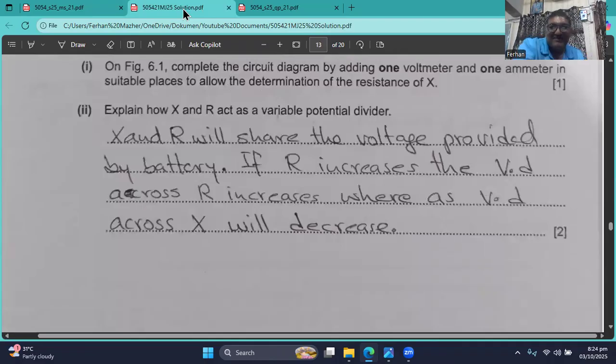X and R will share the voltage provided by the battery. If R increases, the voltage drop across R increases, whereas the voltage drop across X will decrease. So the voltage is divided between them depending upon their resistance.